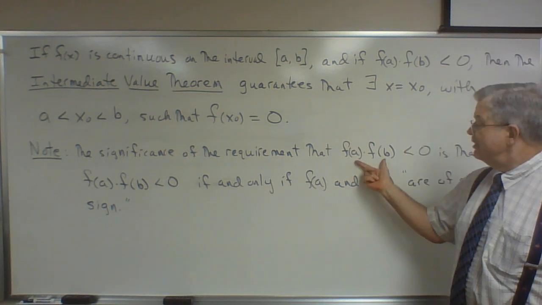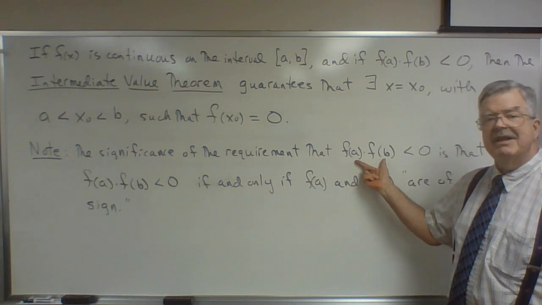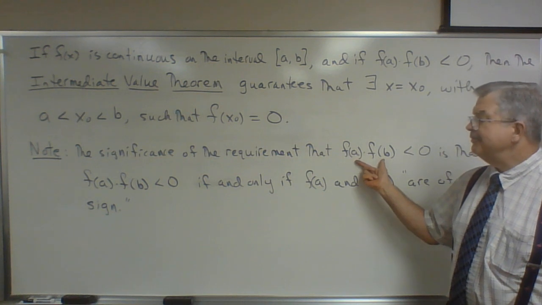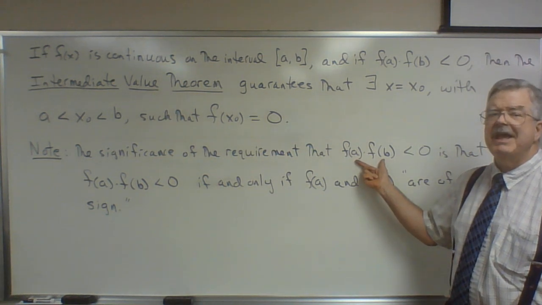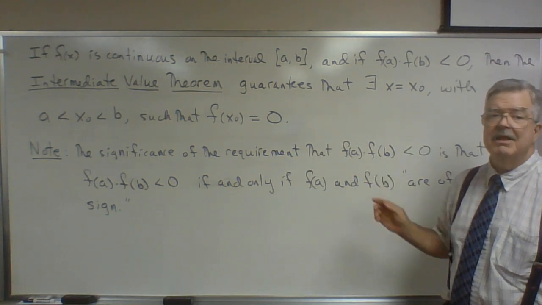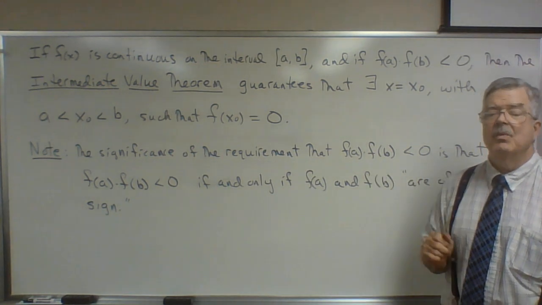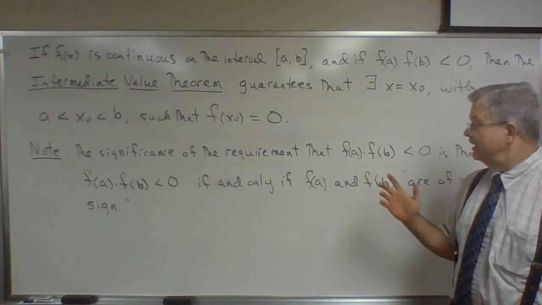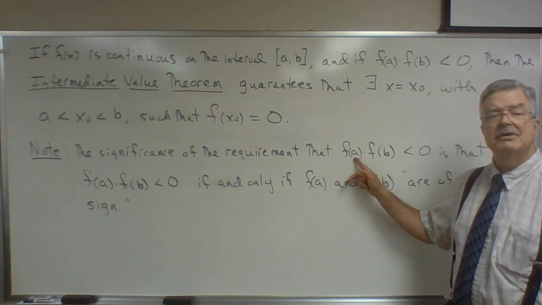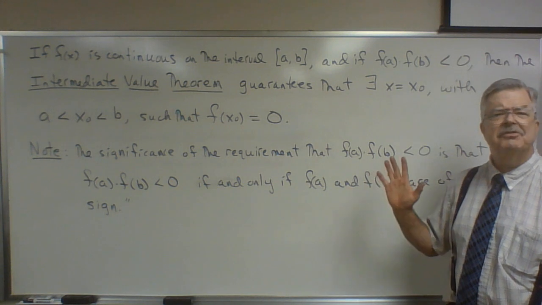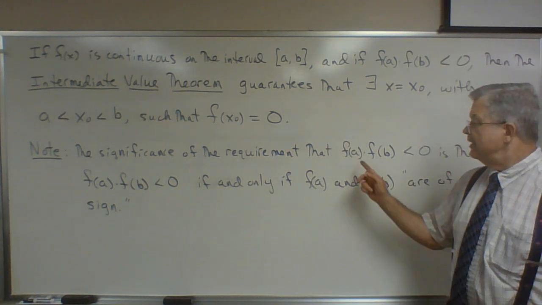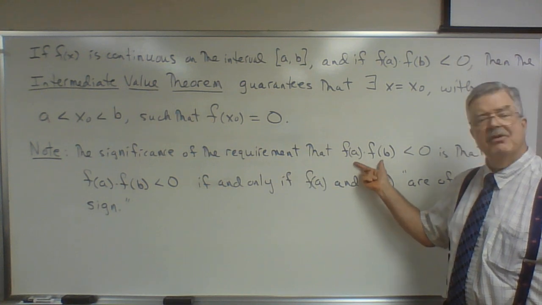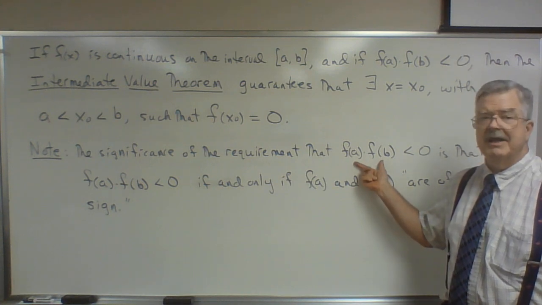The only time when the product of two numbers is negative is when they're of opposite sign. So this condition guarantees that one's positive, one's negative. Now, does it matter which one's positive and which one's negative? Absolutely not. We don't care which one's positive, which one's negative, just as long as they're of opposite sign.